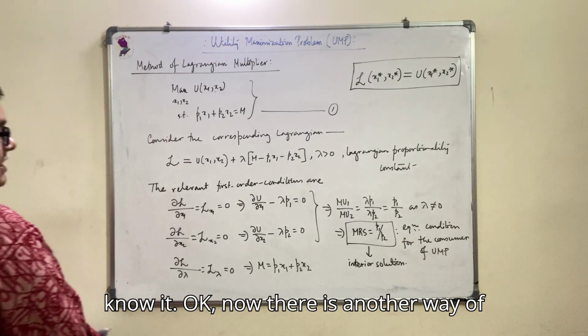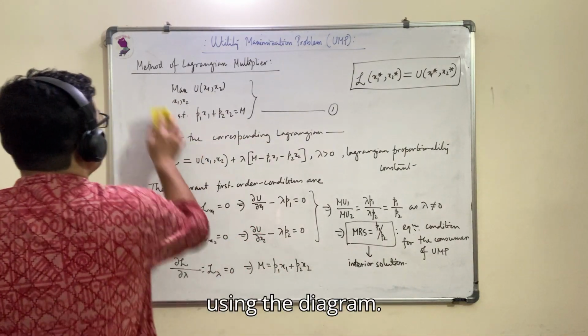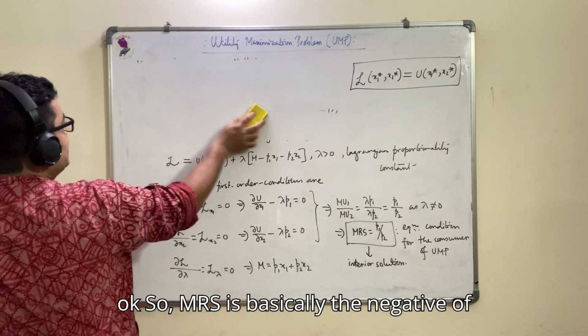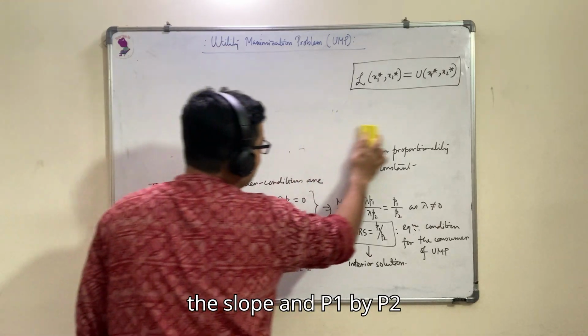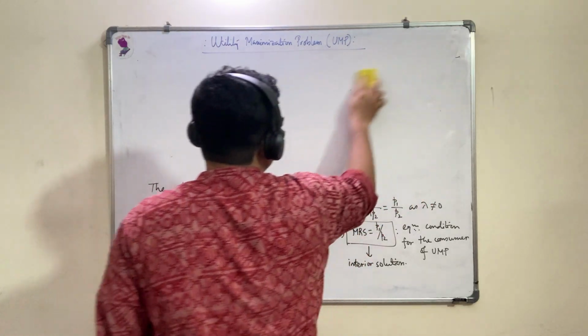Okay. Now there is another way of arriving at it, and that is using the diagram. Okay. So MRS is basically the negative of the slope, and P1 by P2 is the negative of the slope of the budget line.